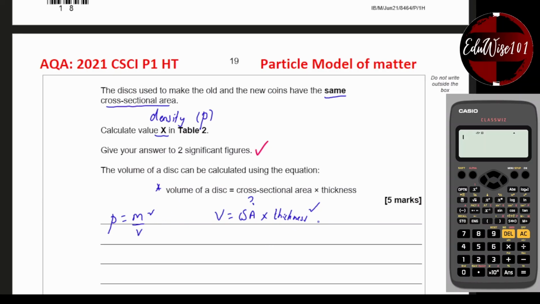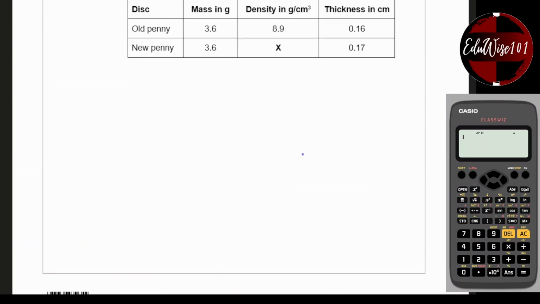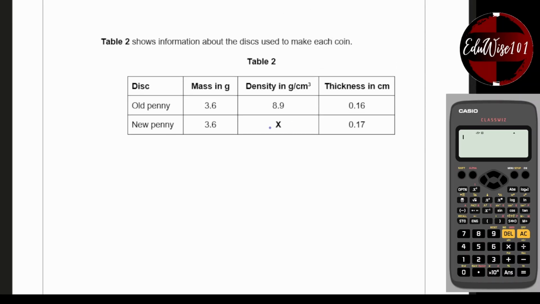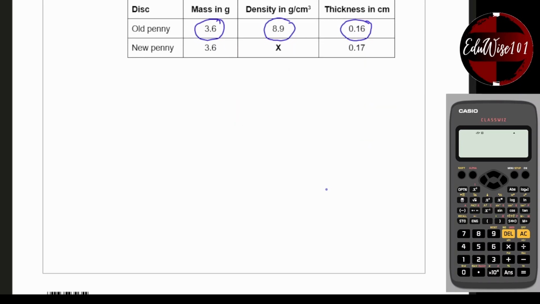So how am I going to do that? I'm going to use the density, the mass and the thickness from the old penny first, these three values, to find the cross-sectional area. So let me do that here. Density, this is for the old penny. Density equals the mass divided by the volume.